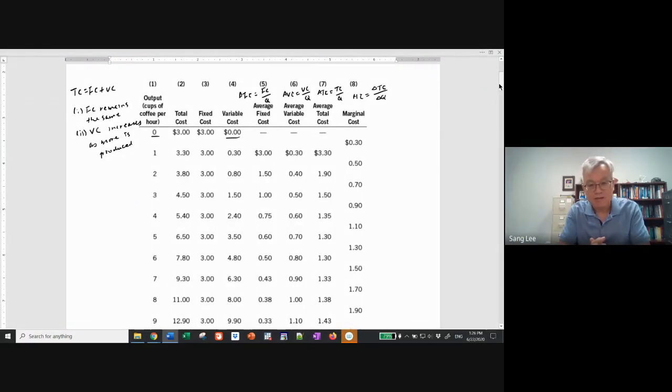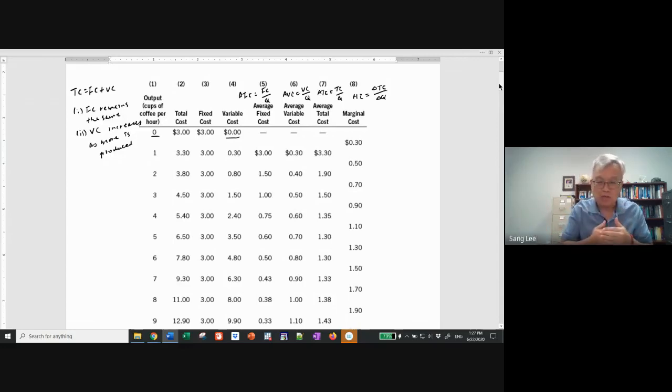Now look at column number 6, average variable cost. Average variable cost is variable cost divided by Q. The numerator is variable cost, the denominator is quantity produced. As you produce more output, the denominator Q increases.